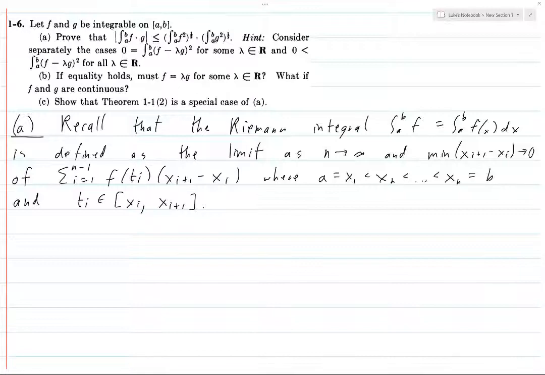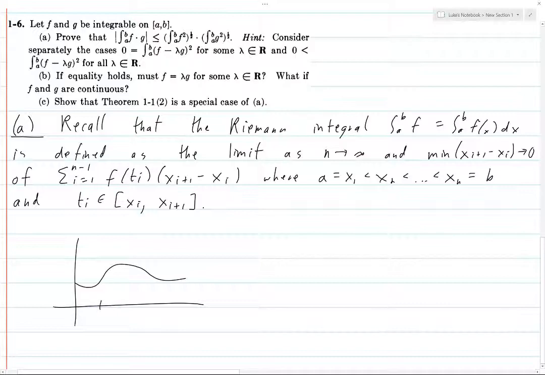And so what this looks like on a graph is, it's sort of like if you look at graphs that describe the Riemann integral, let's say you break your domain up into, so this is a and this is b, let's say n is equal to 1, 2, 3, 4, right?